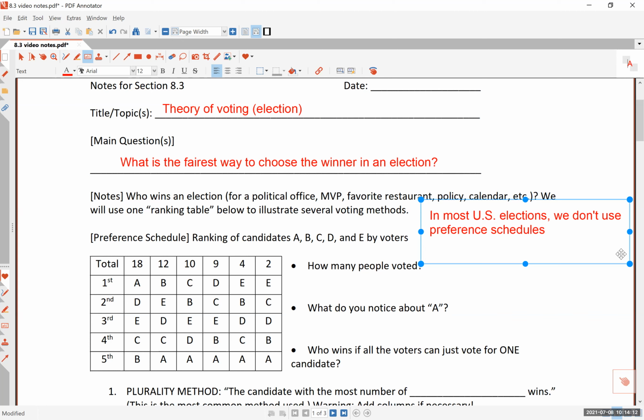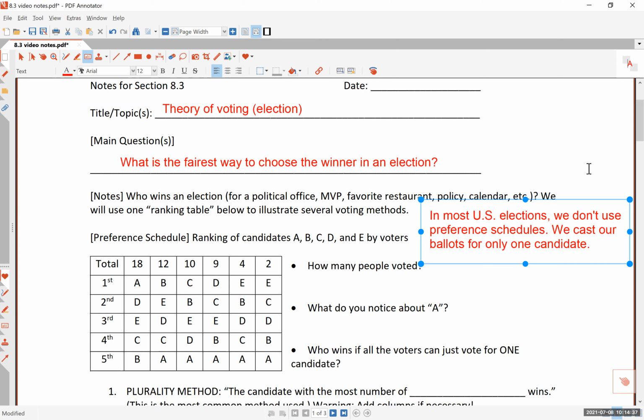One preference schedule is seen right here, but we don't use this kind of chart. We cast our ballots for only one person, one candidate.